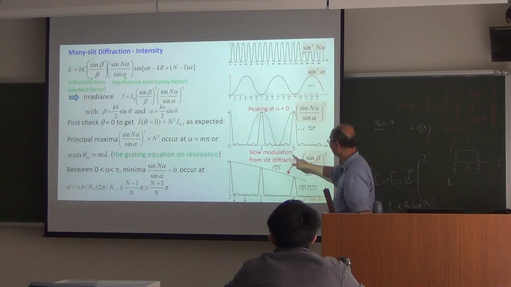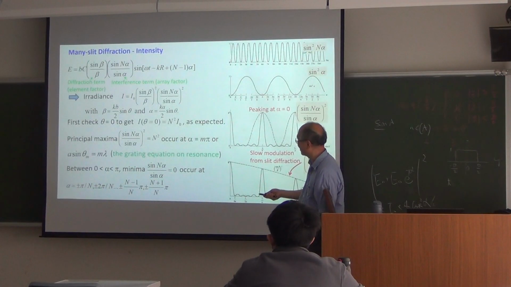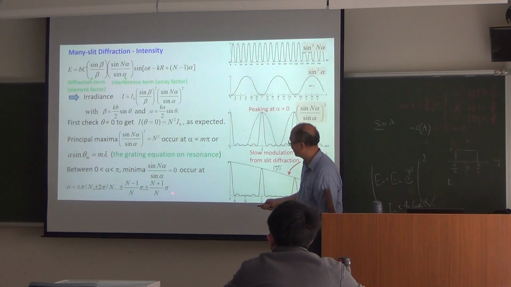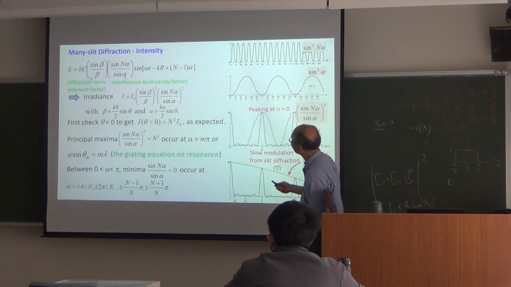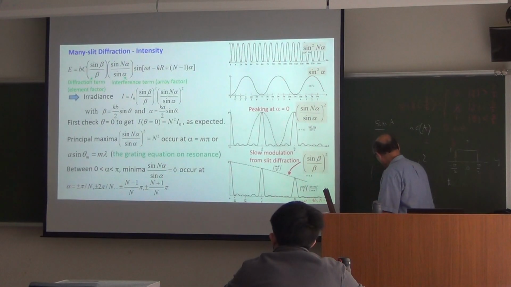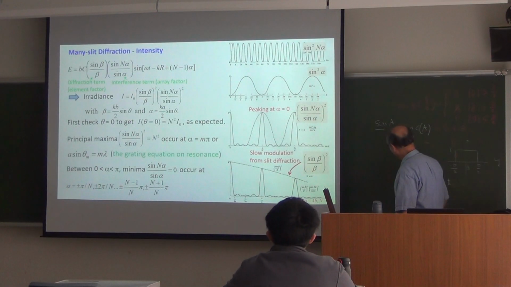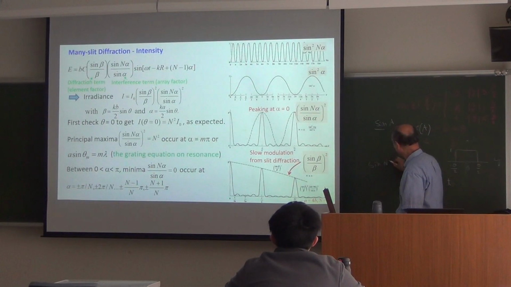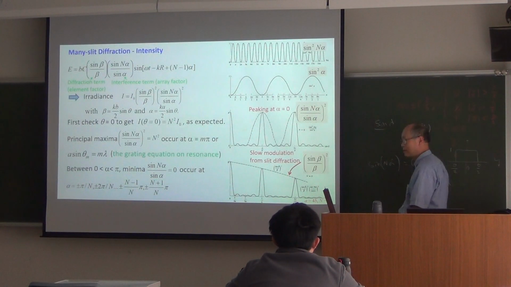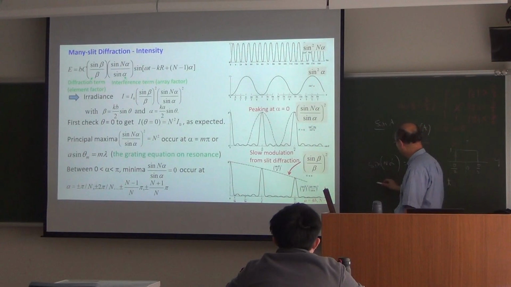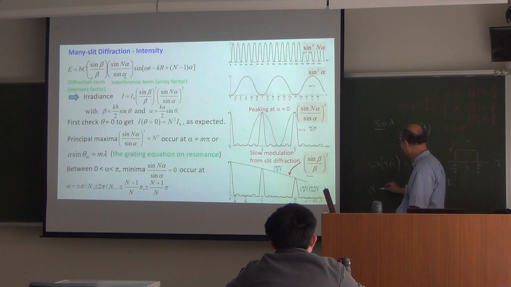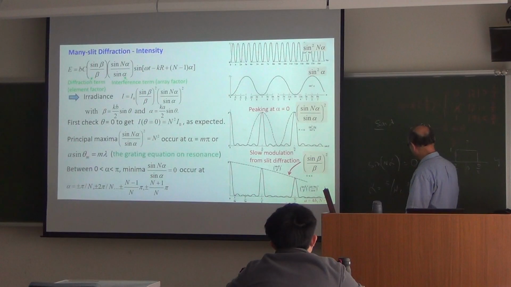Okay. So those zeros correspond to this alpha value equal to those numbers. That is when this sine n alpha is equal to 0. And this alpha value will be equal to, for example, pi divided by n, and 2 pi divided by n, and so on, plus minus.